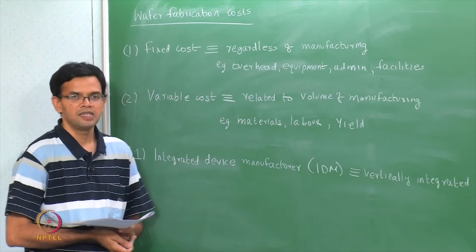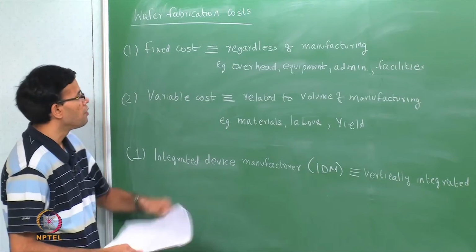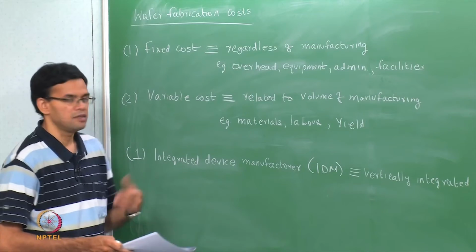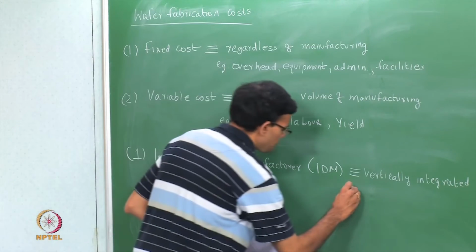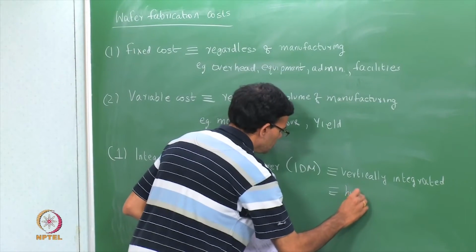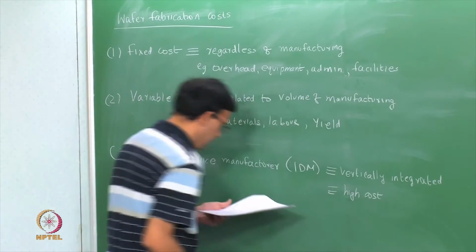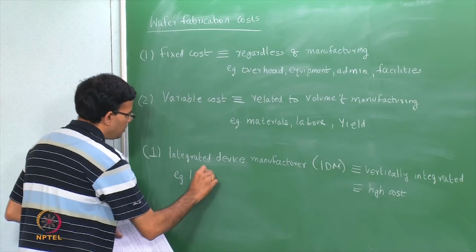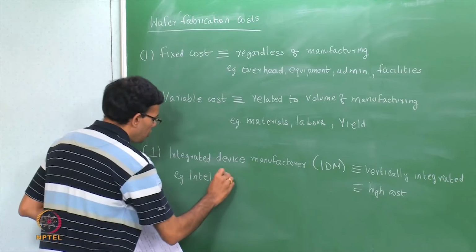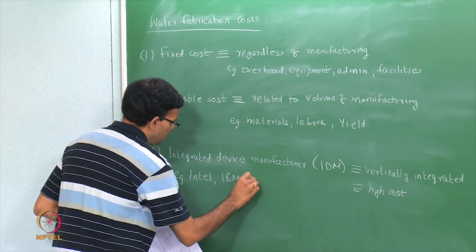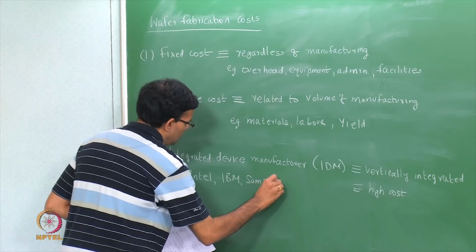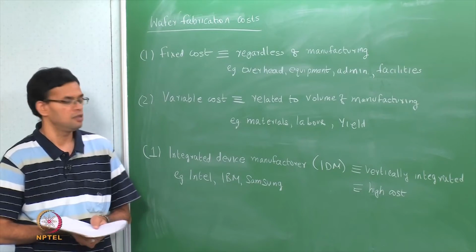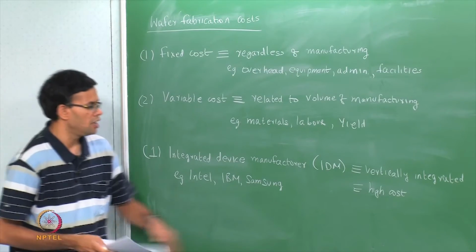So, these companies have essentially a high overall cost because they own all the equipment and also all the facilities for doing the research and also the manufacturing. An example of an IDM, the most famous example is of course Intel, but you also have companies like IBM and Samsung. So, for these companies a high volume of production with a high yield is essential in order to offset the high cost.